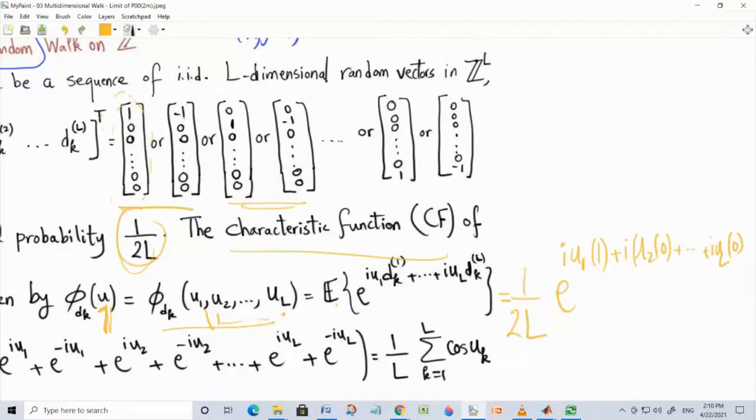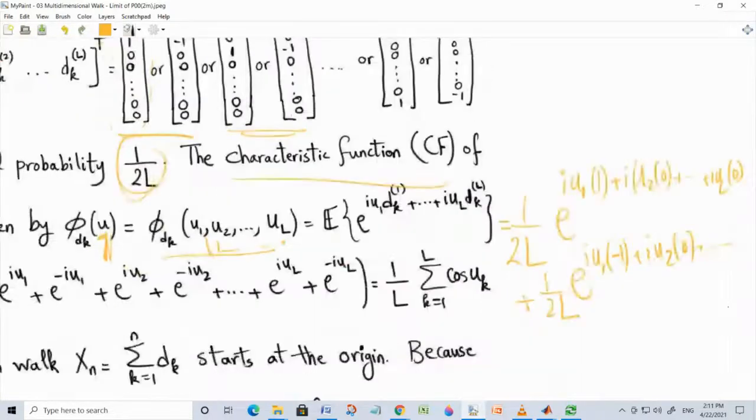And then what is the second possibility, for our vector dk, the step taken at instant k? In the first coordinate, you can take the step, but now you can make it -1. So this will be plus 1 over 2L, and then e to the i u1, and now it is -1, and the other guys are equal to 0.